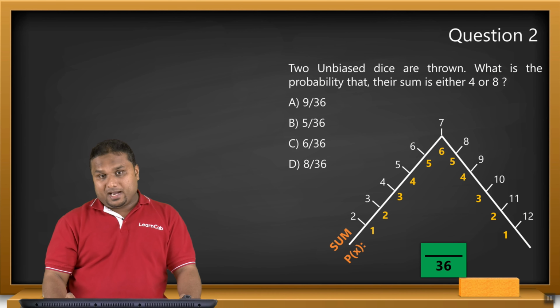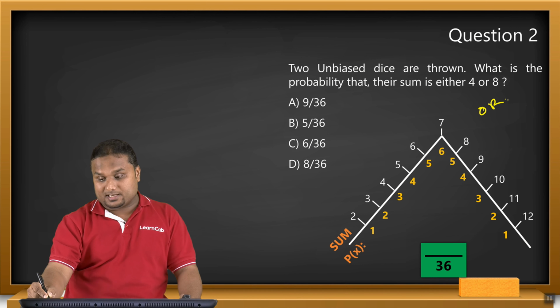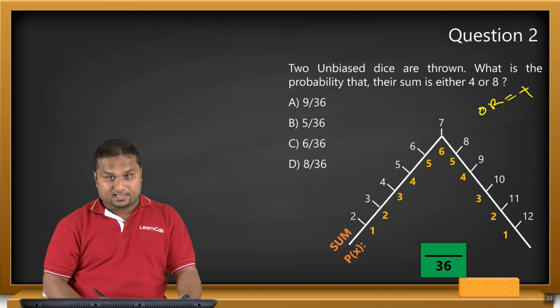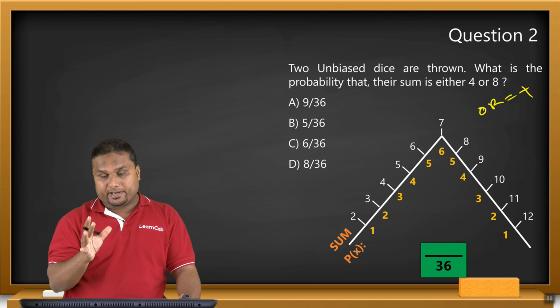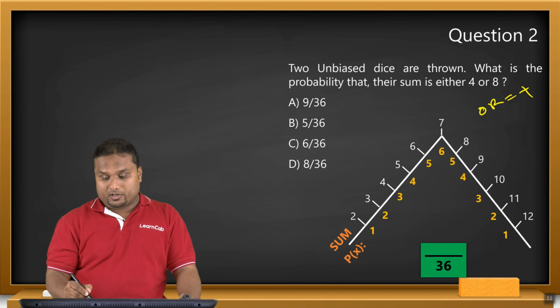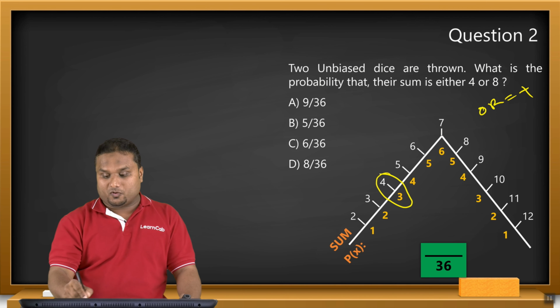Let's see. In maths and statistics, or means plus and 'and' means multiplication. For the time being the question is only or: their sum is 4 or 8. This is the sum is equal to 4 or their sum is equal to 8.